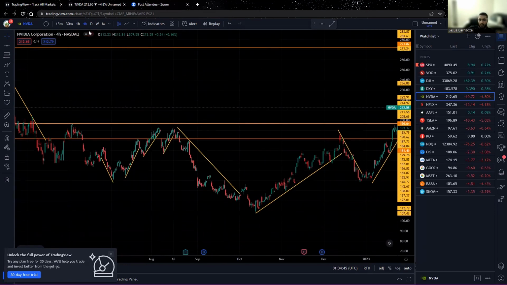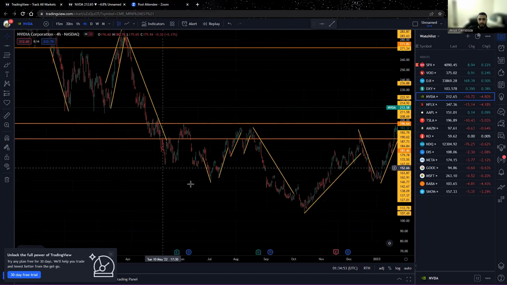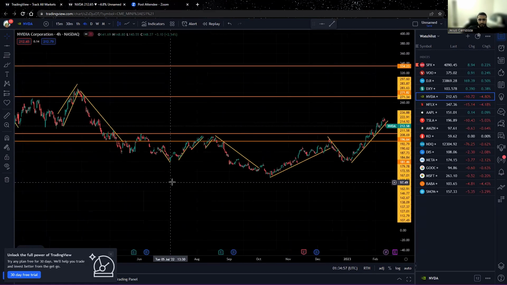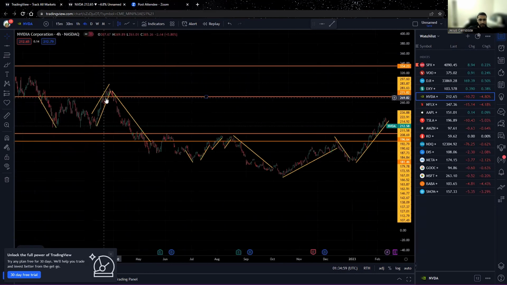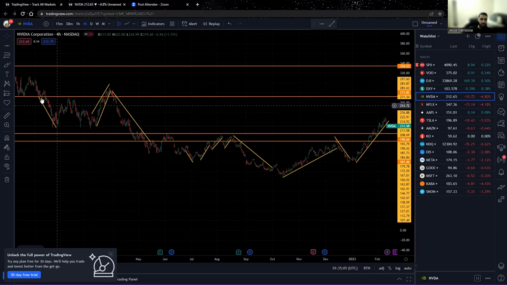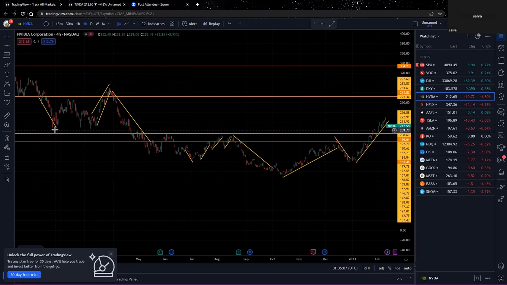But if you did these on the 4 hour, it wouldn't be as valid. Right here we have 1, 2, 3, 4, 5. We have 5 trends, right? We had our downtrend right here, one.